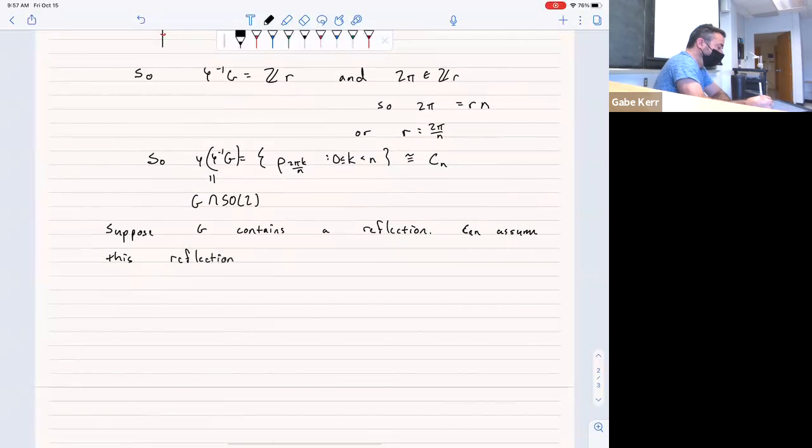That's R. Now I regret using R. Well, R is gone because it's 2 pi over n. This is the R that looks like this.